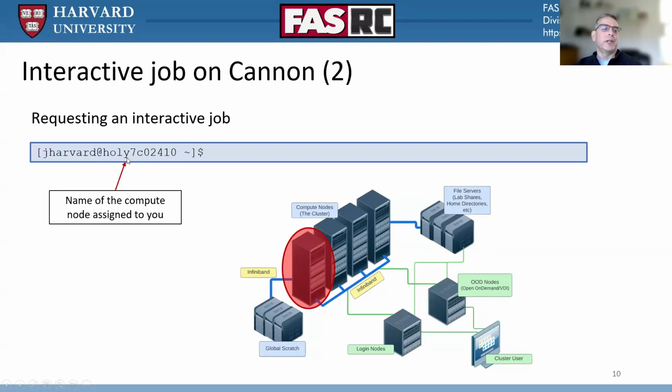The holy part tells you that it's in the Holyoke data center. Of course, all the compute is at Holyoke, so you should always see holy something. And now you're here on the compute nodes, connected to all of your storage with the high-speed InfiniBand, so you can start doing some real work.